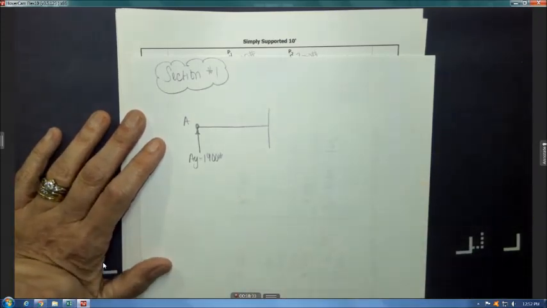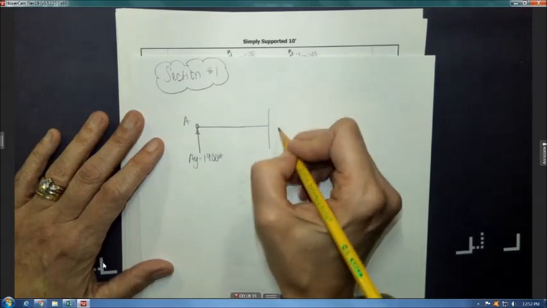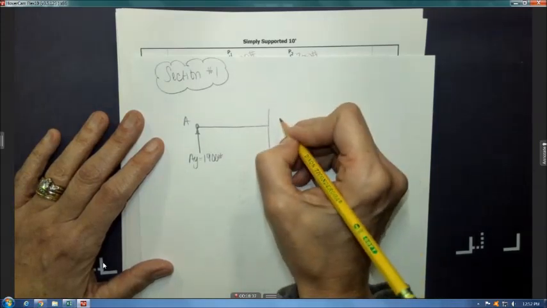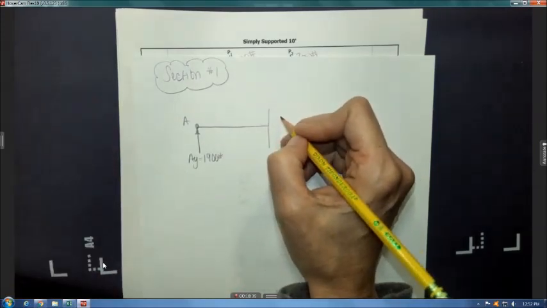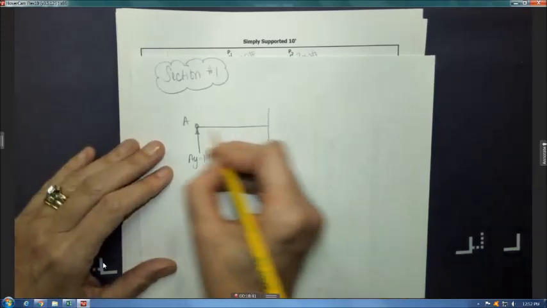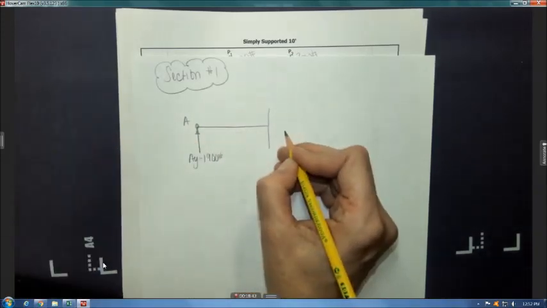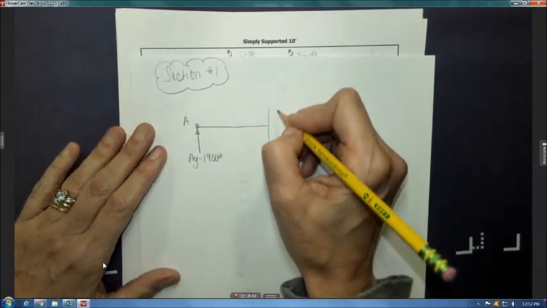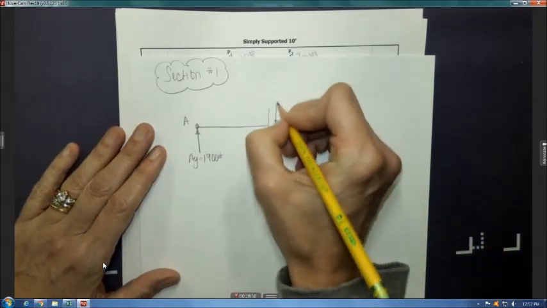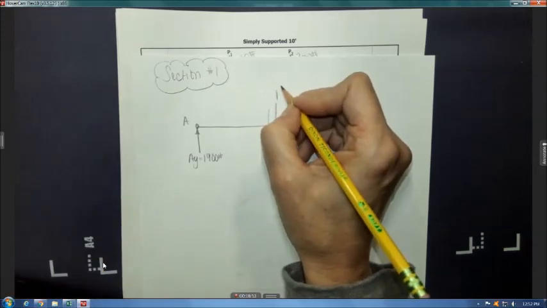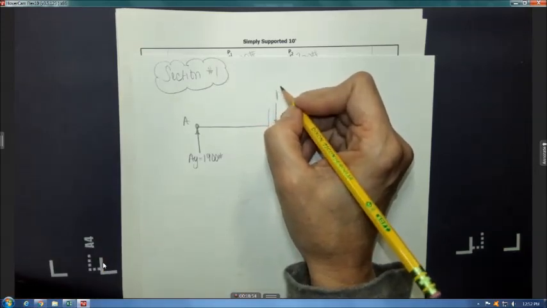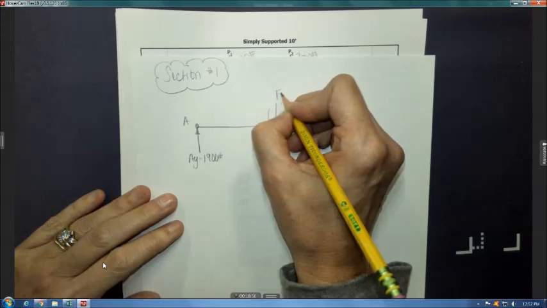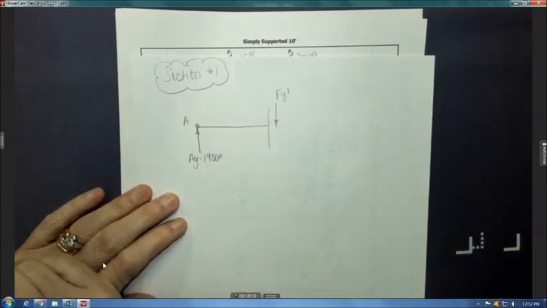Now, I know that internally I'm going to have the possibility of 3 reactions, an X, Y, and a moment. I don't have any opposing X forces, so I'm not even going to draw that in there. That X would be 0. But I do have a Y, right? I have a shear force here. I'm going to call this one FY1.